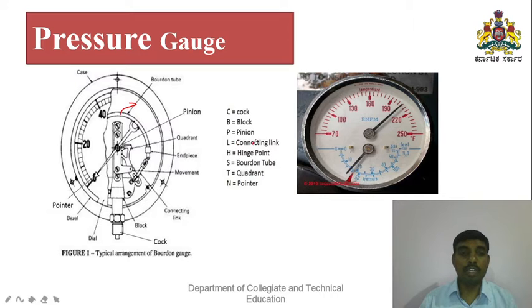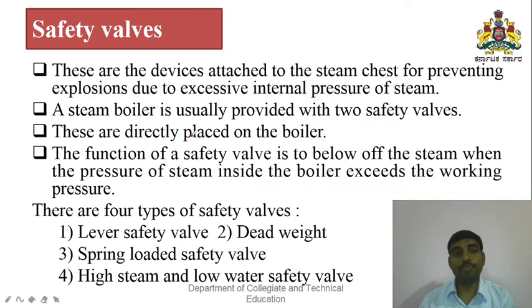We have a connecting link and a hinge point. Then we have the Bourdon tube, a quadrant, and a pointer. These are the basic construction of a pressure gauge.